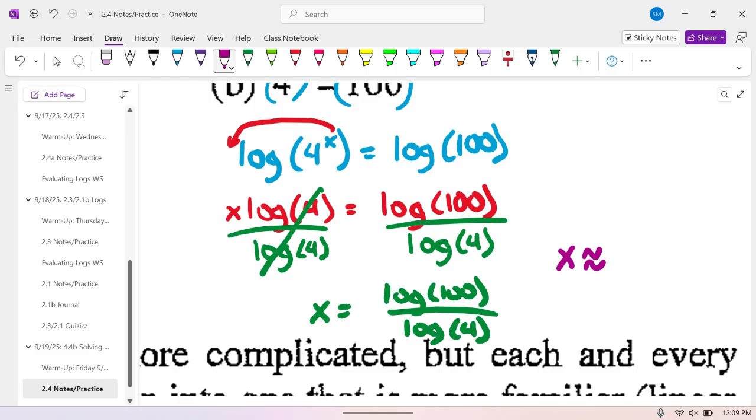So 0.346. So what's that rounded to 2 decimal places? Yeah, it should be 3.32. So it's approximately 3.32.